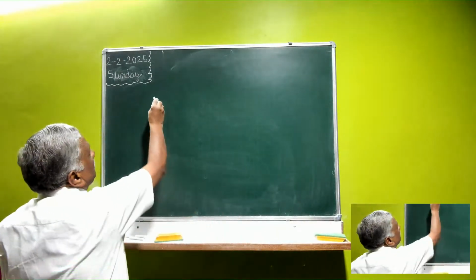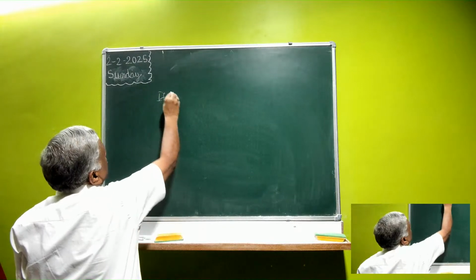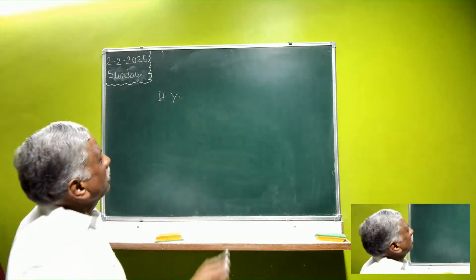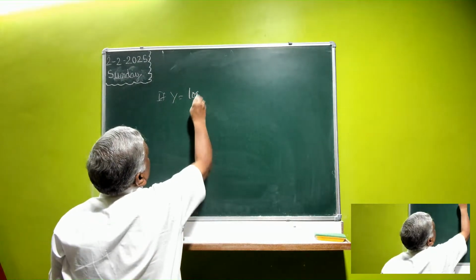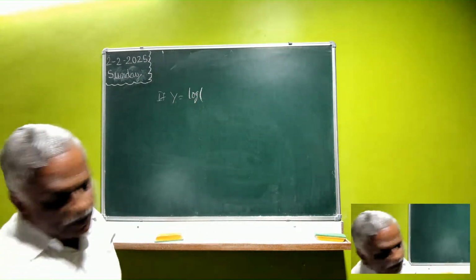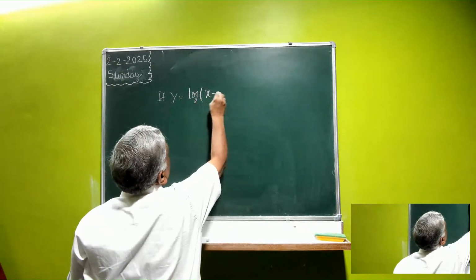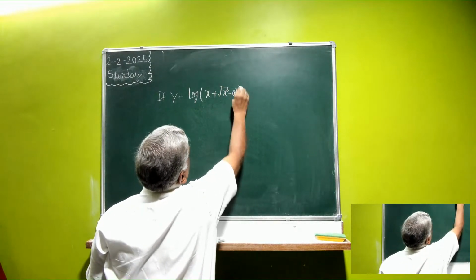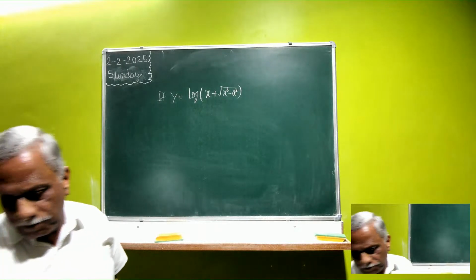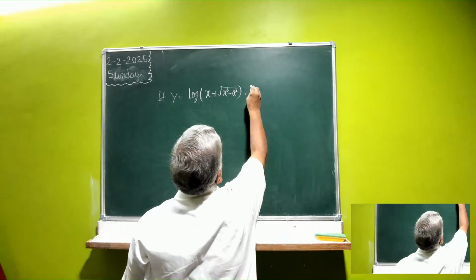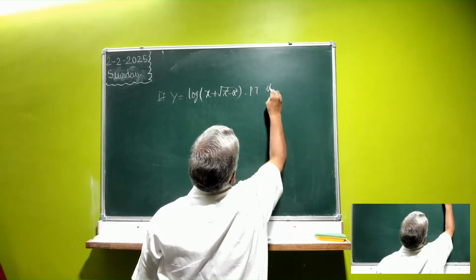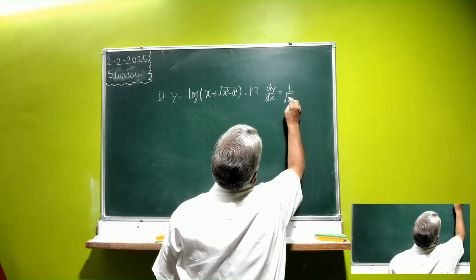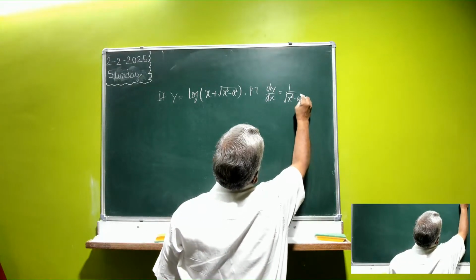If y is equal to log of x plus root of x square minus a square, prove that dy by dx equals 1 over root of x square minus a square.